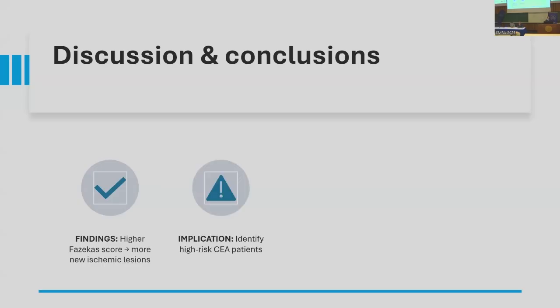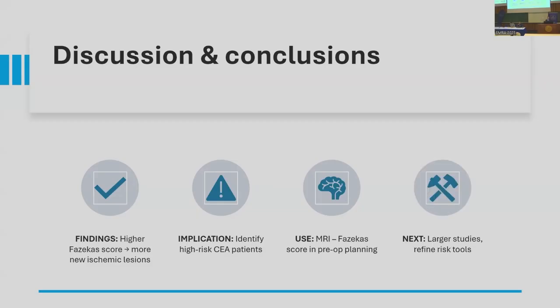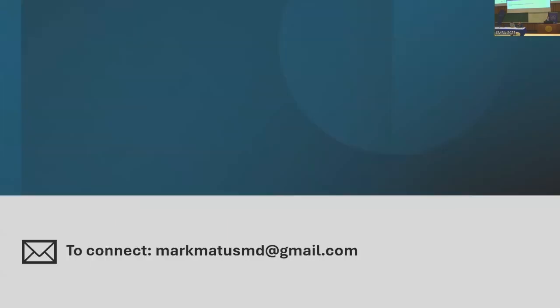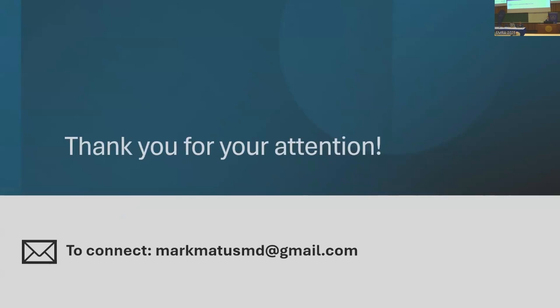We need to identify high-risk carotid endarterectomy patients for perioperative strokes, and for that, we can use the Fazekas scale in preoperative planning. However, we need larger studies and better refined risk assessment tools. Thank you very much for your attention.